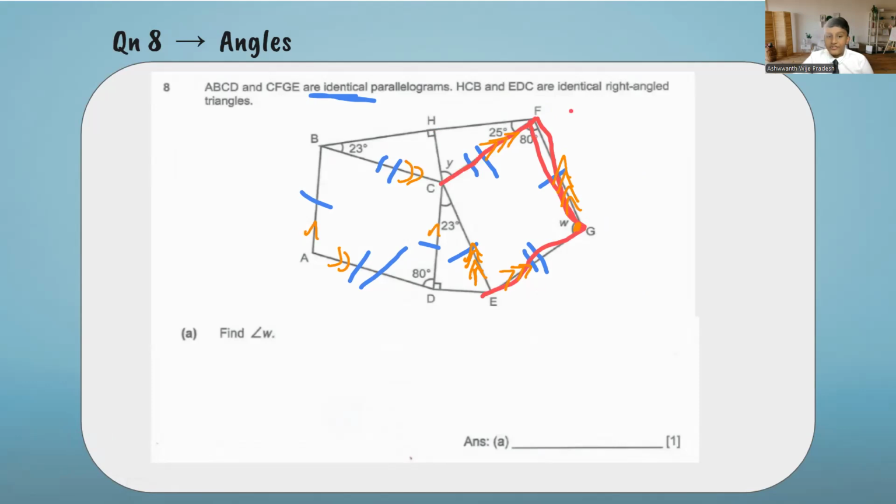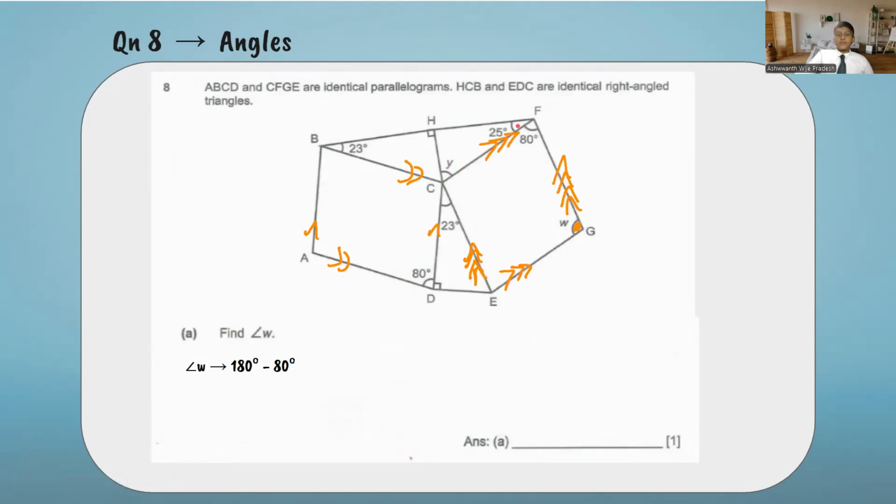So angle FGE or angle W is 180 degrees minus 80 degrees. If you remember what I said, it's because of interior angles. So the answer is 100 degrees. This is your answer for part A.